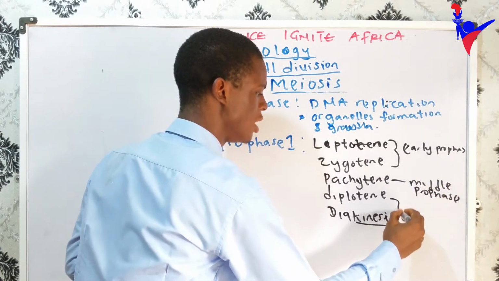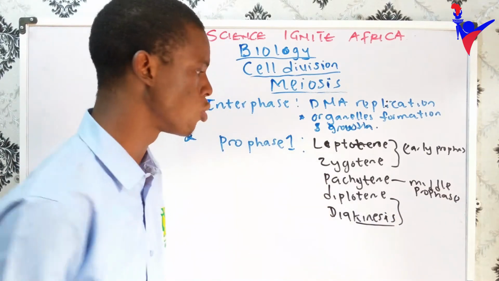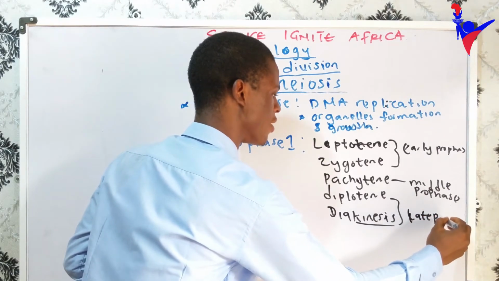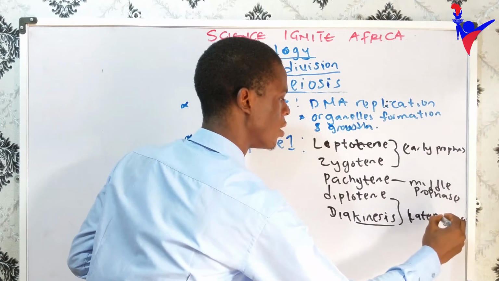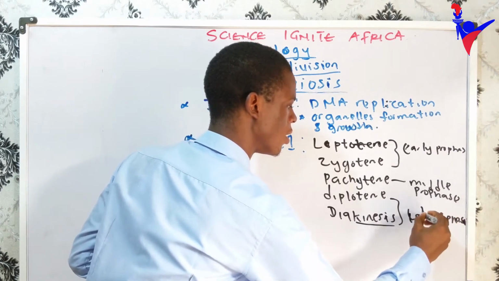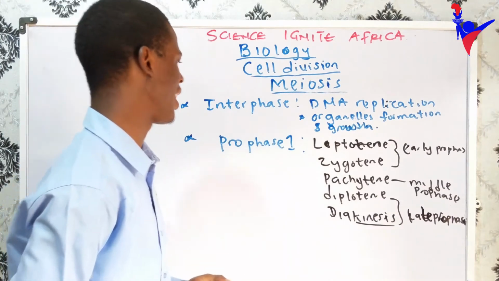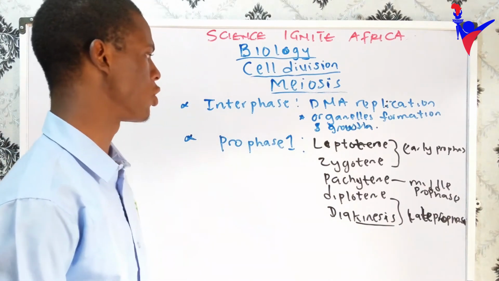And the diplotene, with your diakinesis, we can liken it to what we know as the late prophase. So these are the stages that are involved in the prophase 1 division.